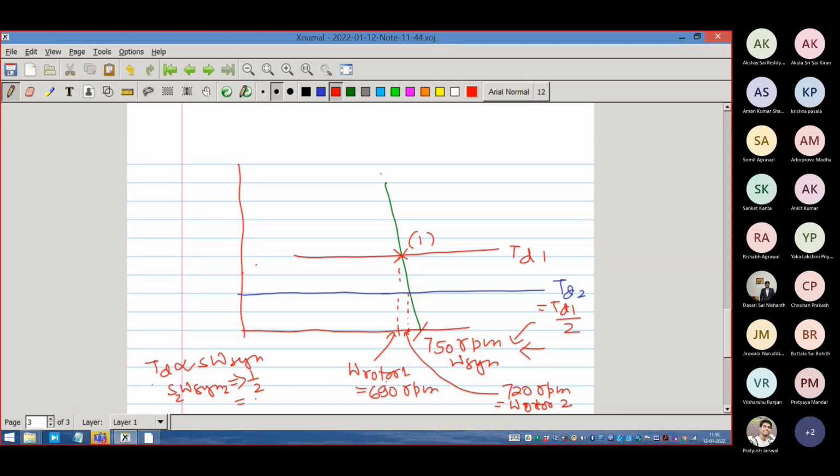Instead of 60 RPM, it should now be 30 RPM. So S2 into omega sync 2 has to be 30 RPM, just because it has to produce half the torque.